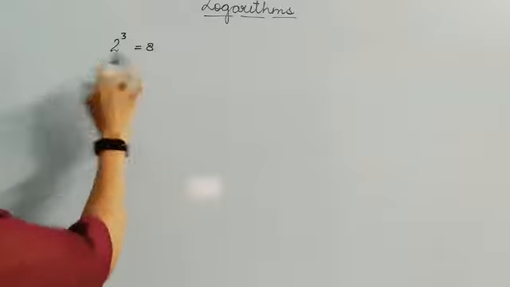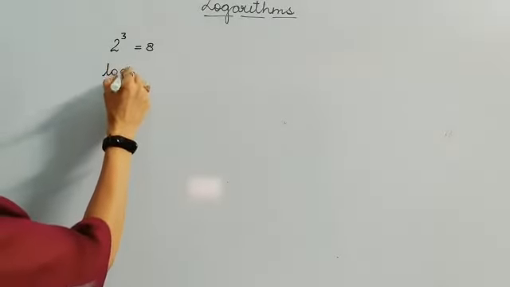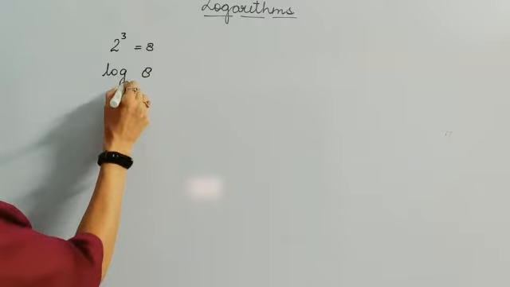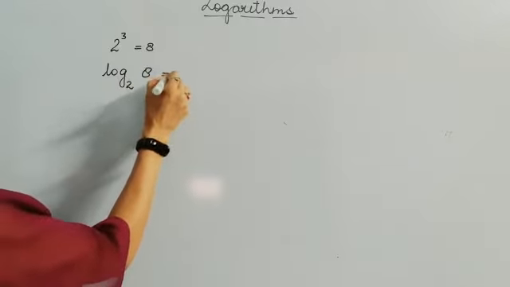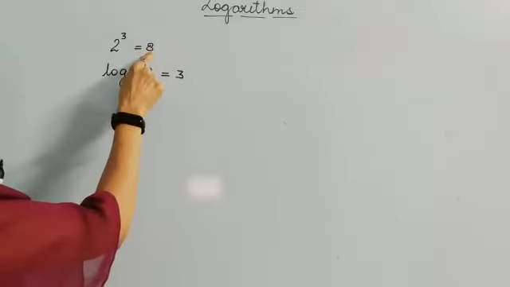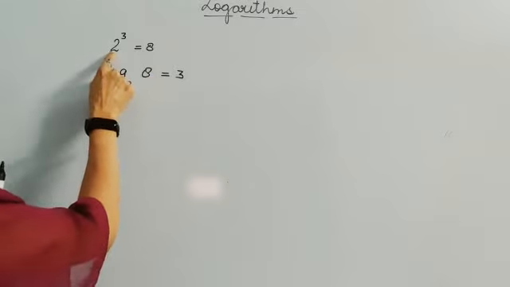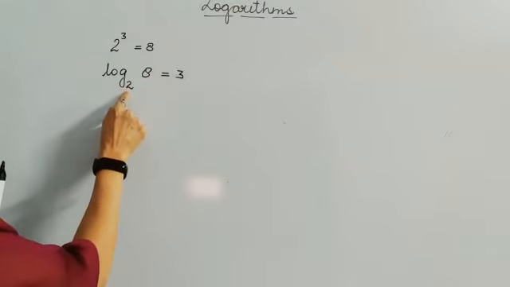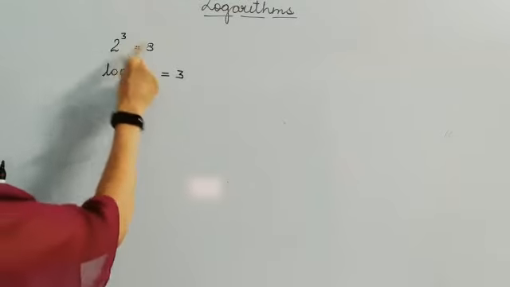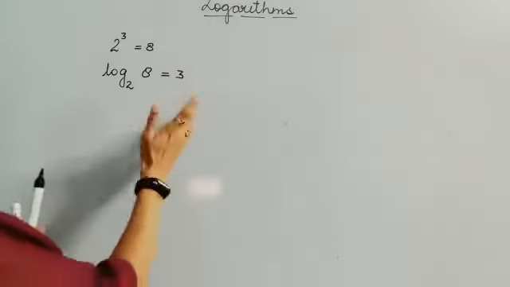If I want to convert this into log form, then I will write it as log of 8 to the base 2 is 3. So what you have done is, whatever result you are getting over here, you are writing it with log. Whatever is the base over here is your base, and whatever is your power is written after the equal to sign.